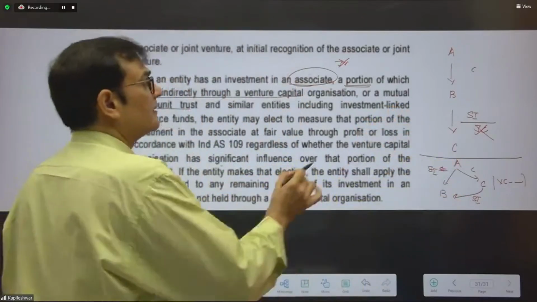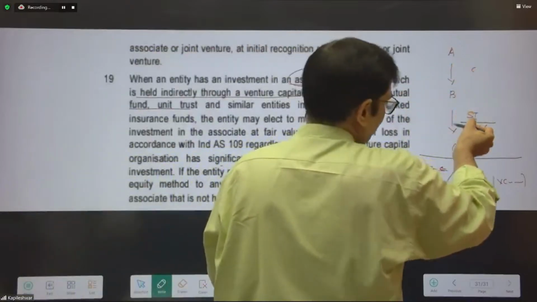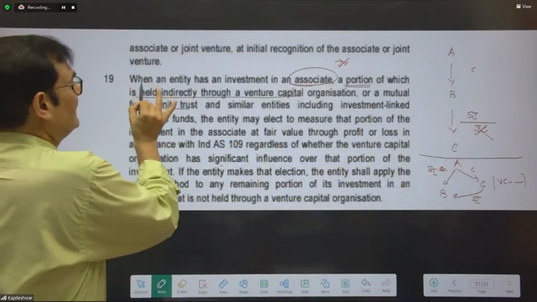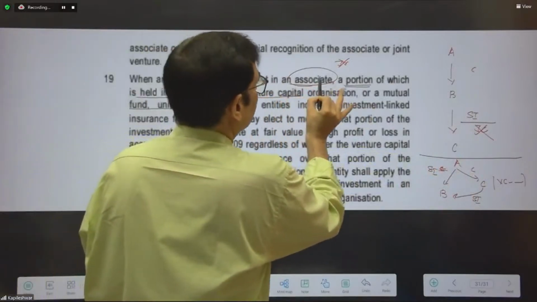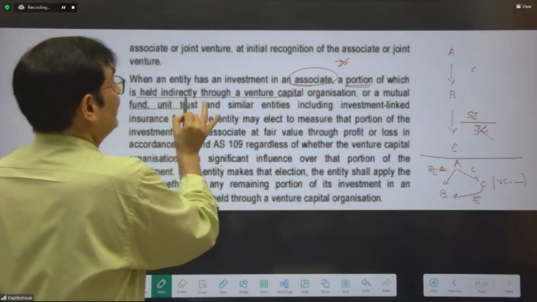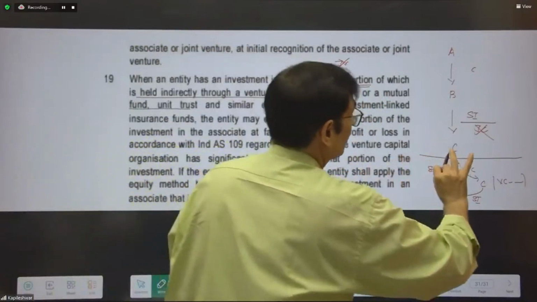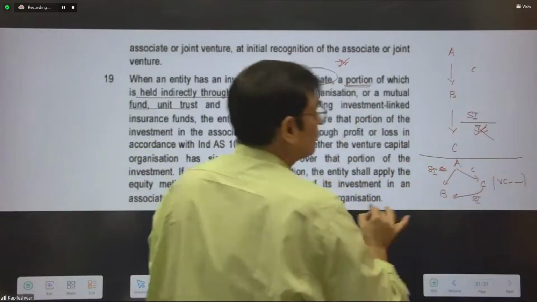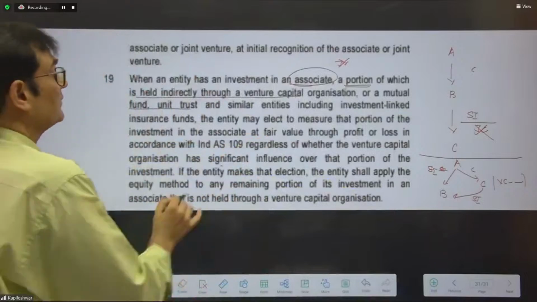And the other case is that you've got a control and then you've got indirect. So let's concentrate on the second one. When an entity has investment in an associate, a portion of which is held indirectly through a VC, you've got investments in B, but a portion is held through a VC. So let's concentrate on that.